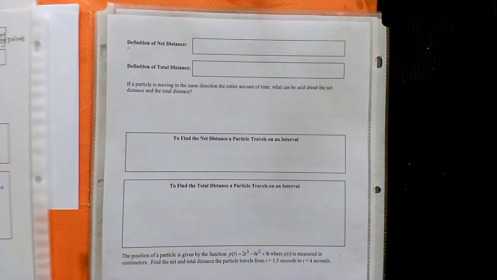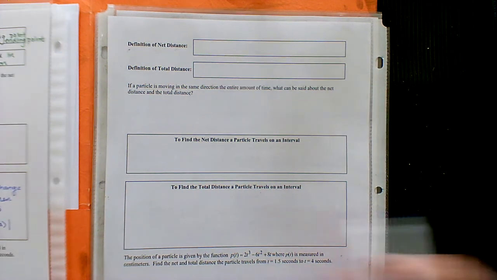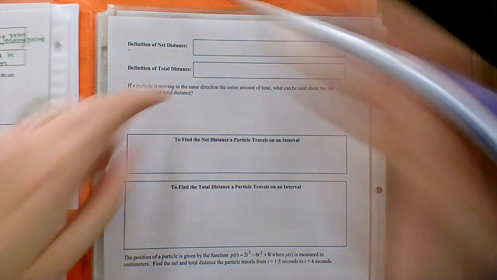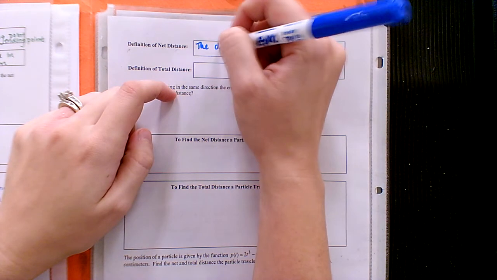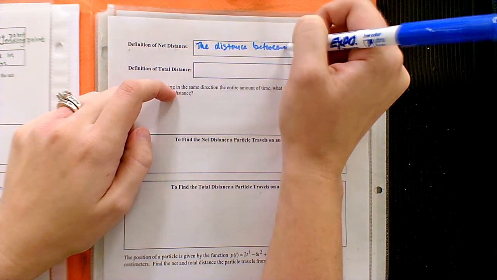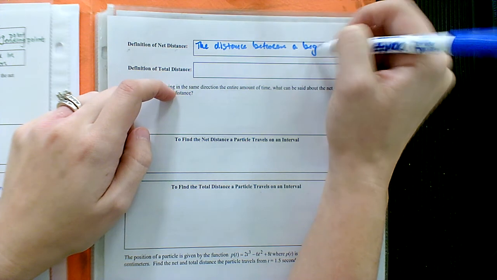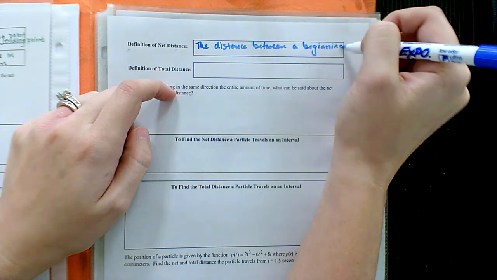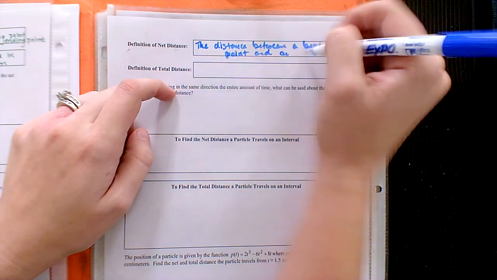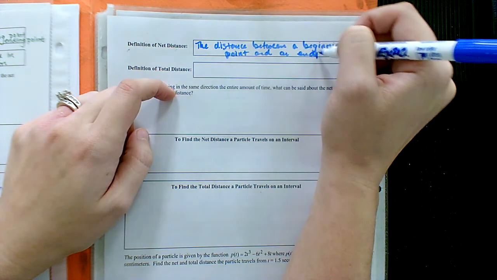I'm not really sure, but it feels like net would be the overall, even if you went back and forth, basically your final where you are minus your starting point. There we go. The distance between a beginning point and an ending point.